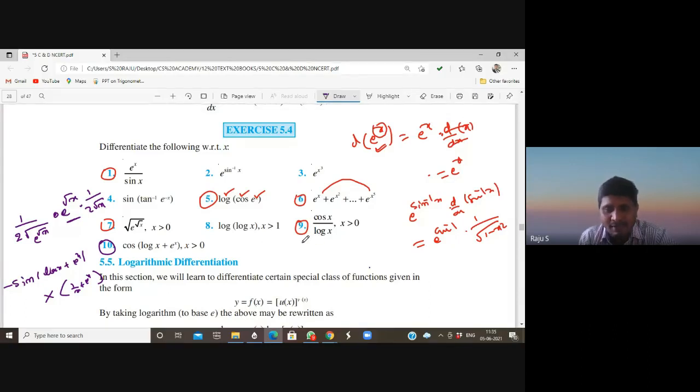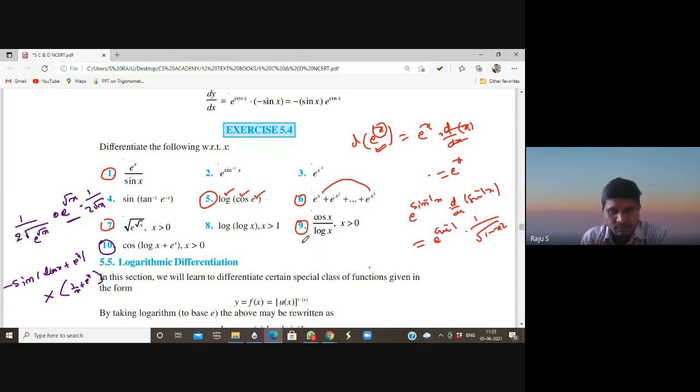How many of you practiced that continuity? Yeah, students, and the slip test portion is relations and functions, and determinants. Is it clear?